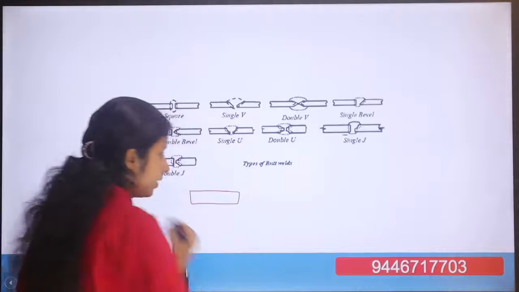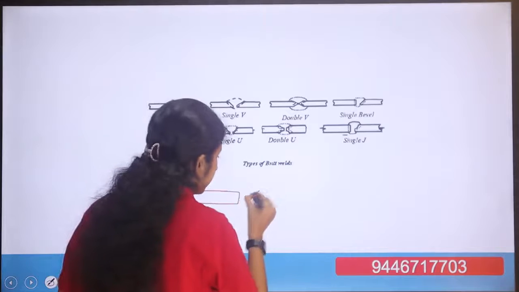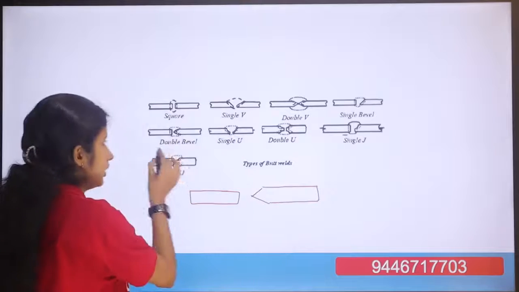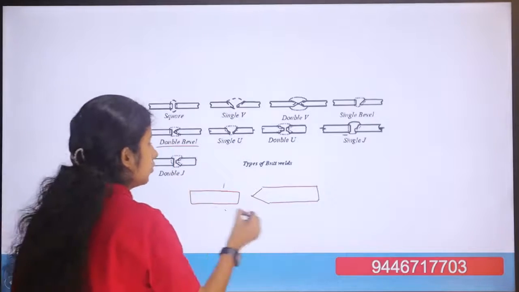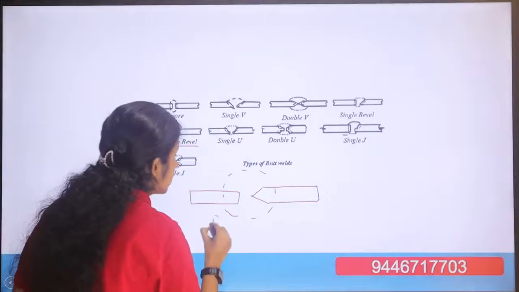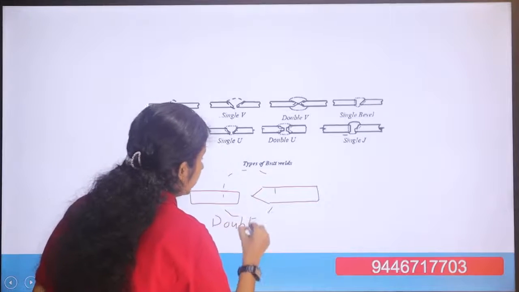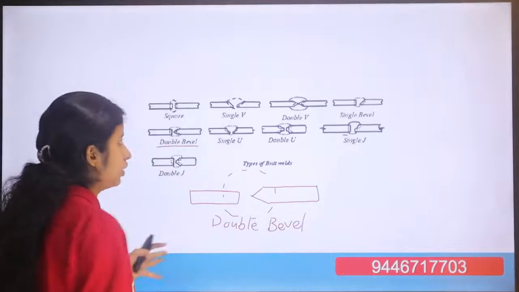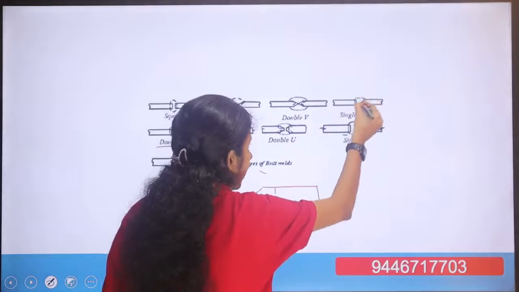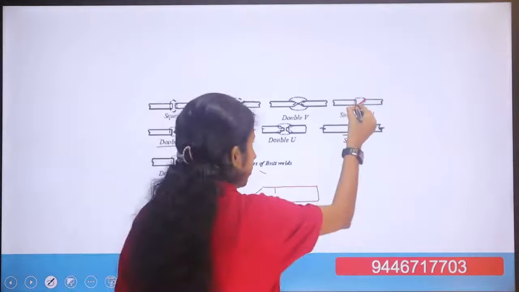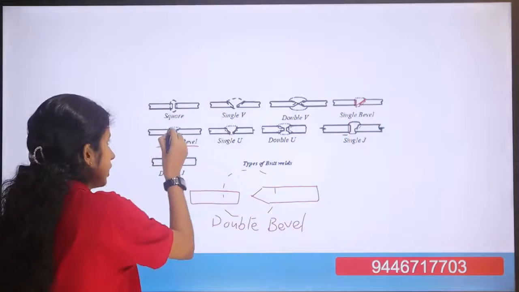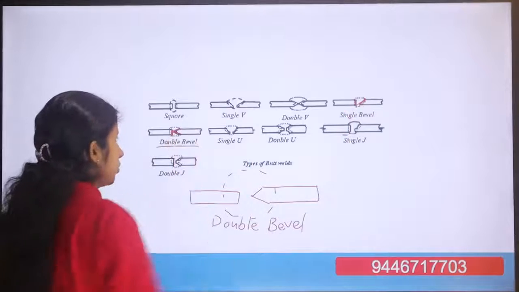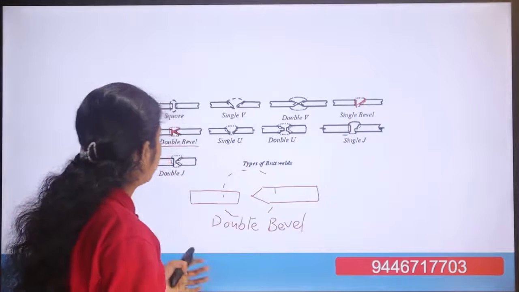We can see in this figure that welding is provided in this section, known as double bevel. So in single bevel there is one inclined portion and one square portion, and in double bevel there is one square portion and two inclined portions, that is two V portions.